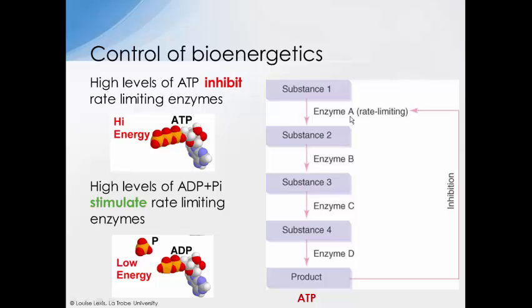So this rate-limiting enzyme can increase its speed at which it is converting substrate into product, and therefore this pathway speeds up and ATP production speeds up. There are other factors that control bioenergetic pathways, but the most important are ATP and the breakdown products of ATP, which are ADP and inorganic phosphate. So in summary, ATP will inhibit the rate-limiting enzymes and the breakdown products will stimulate the rate-limiting enzymes.